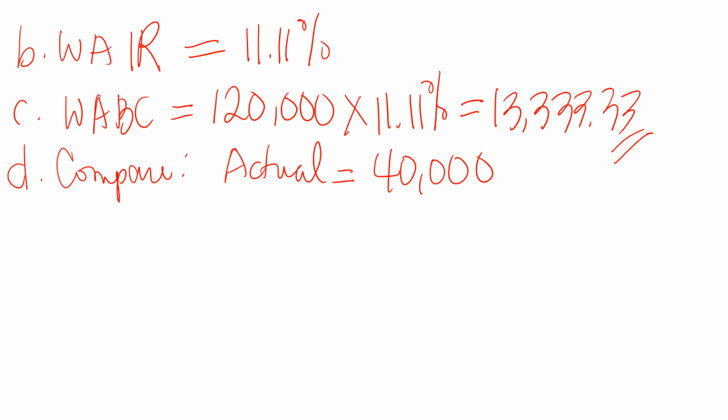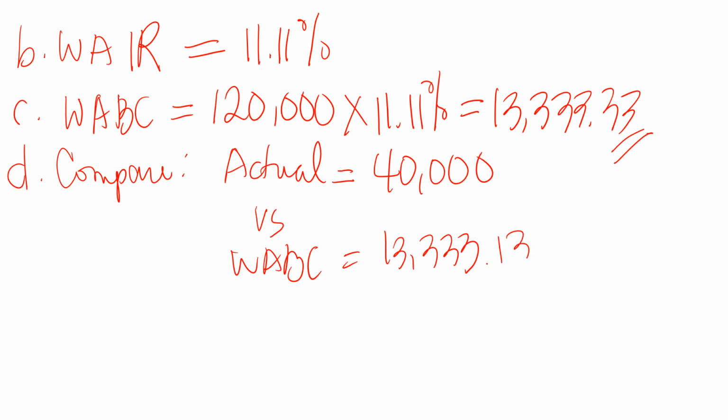So, 40,000 yun. I-compare natin dun sa weighted average borrowing cost, that is 13,333. Ibig sabihin, ang kukunin natin, mas mababa kasi conservative. So, ito yung capitalizable borrowing cost, itong 13,333. Take note, related pa lang sa general borrowings.